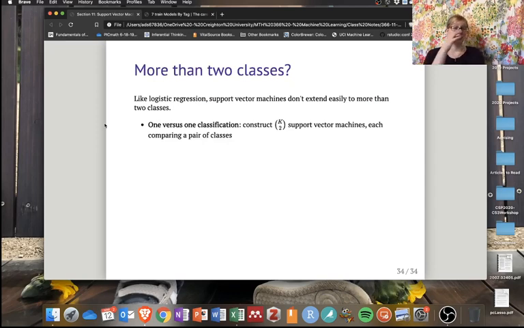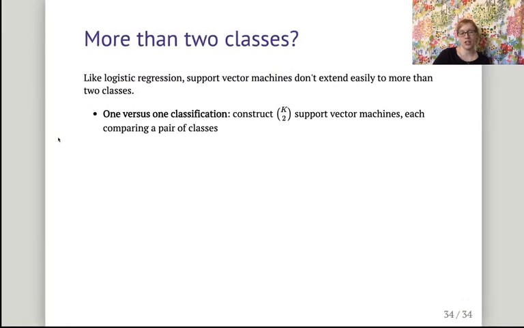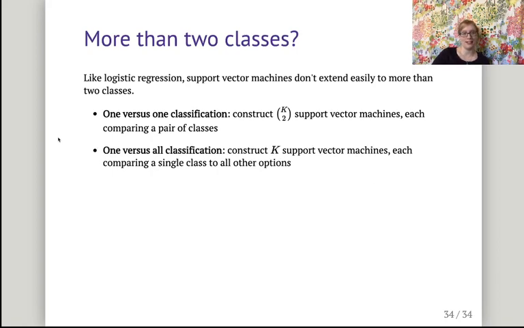Like I mentioned, support vector machines can handle more than 2 classes, but there are a couple of different approaches that we can try. You can try 1 versus 1 classification with these support vector machines. Essentially, you'll build k choose 2 support vector machines, each comparing a pair of classes.